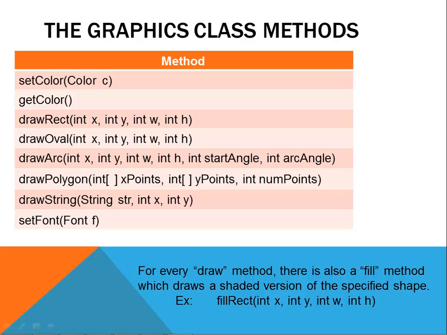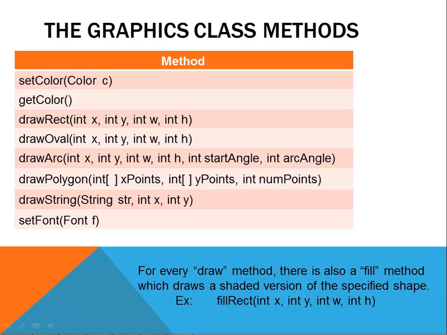We have setColor, which accepts a color argument, getColor, drawRect, which accepts 4 int arguments, drawOval, which also accepts 4 int arguments, drawArc, which accepts 6 int arguments, drawPolygon, which accepts 2 integer arrays and then an extra int argument, drawString, which accepts a string and 2 integer arguments, and setFont, which accepts a font argument.